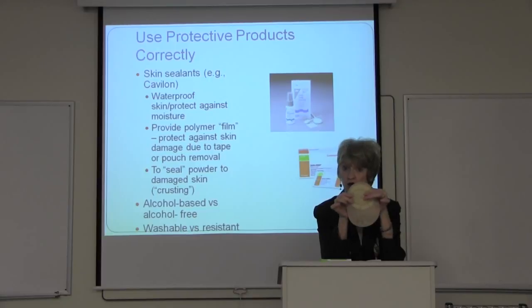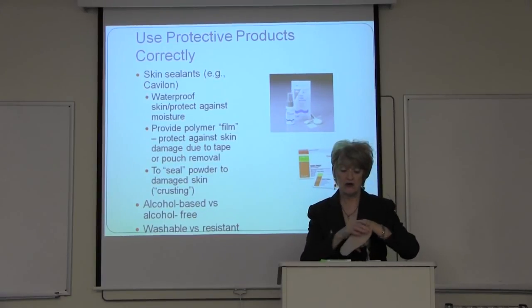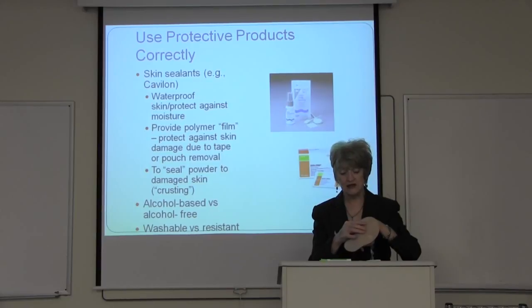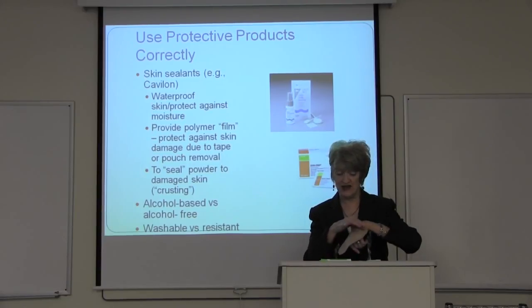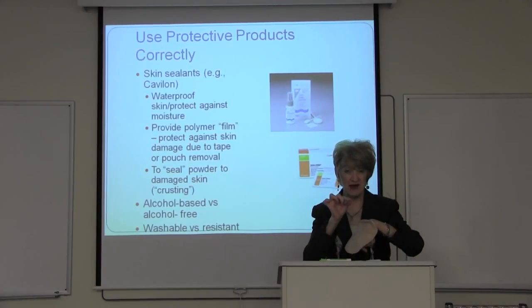So the barrier products that you will find on the back of your pouches are designed to literally melt into the skin. They are adhesive, but they're also heat activated, and with heat, the pectin and the gelatin and the other synthetic substances in this barrier become partially fluid and literally melt into the grooves in your skin.